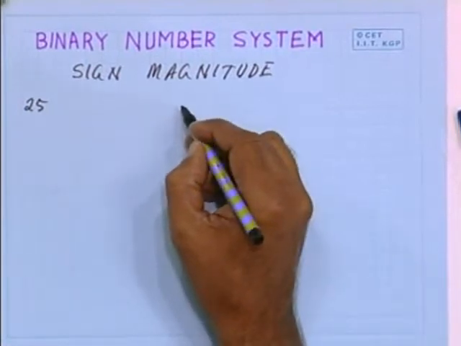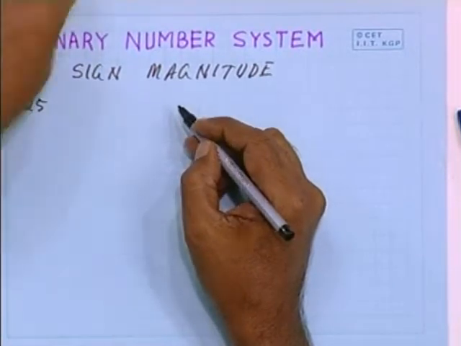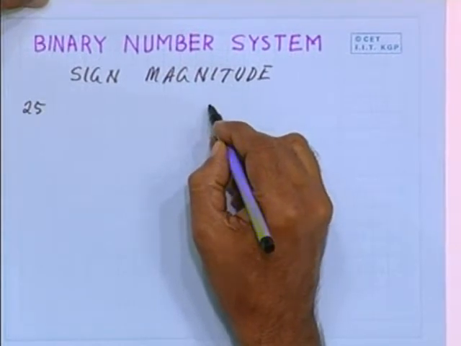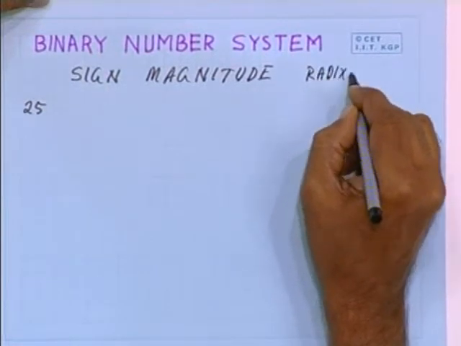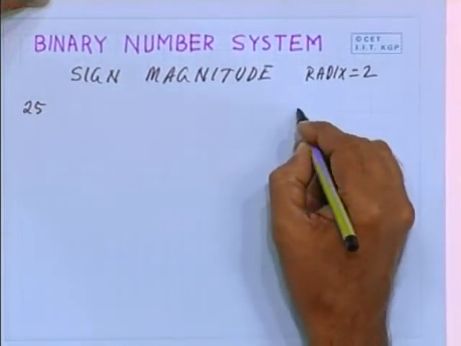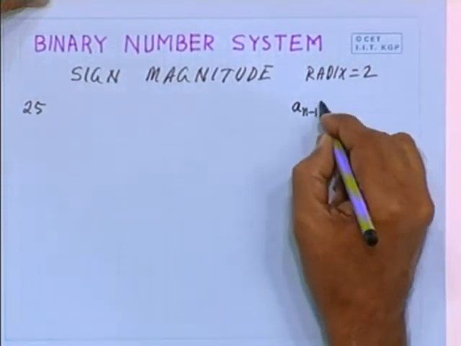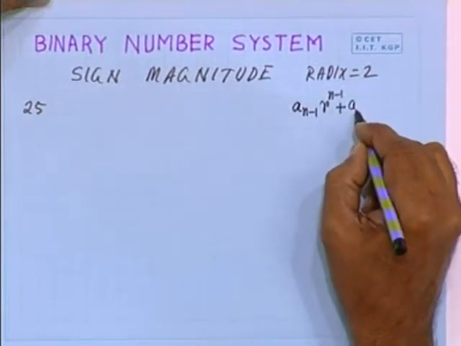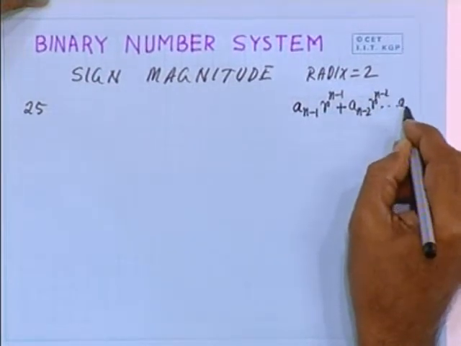So we can extend the concept here. It will be just like your decimal numbers. Here the radix will be 2. So for an n digit number, the value will be a(n-1) r to the power n minus 1, where r is equal to 2, plus a(n-2) r to the power n minus 2, and so on down to a0.